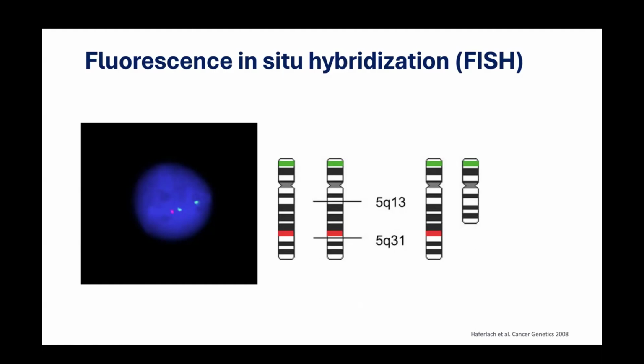So most chromosomes, as you can see, there's a dent in these, have a small section and a large section. The small section is called P and the large section is called Q. And so when you're missing part of the Q, that's a very, very specific genetic abnormality in MDS.